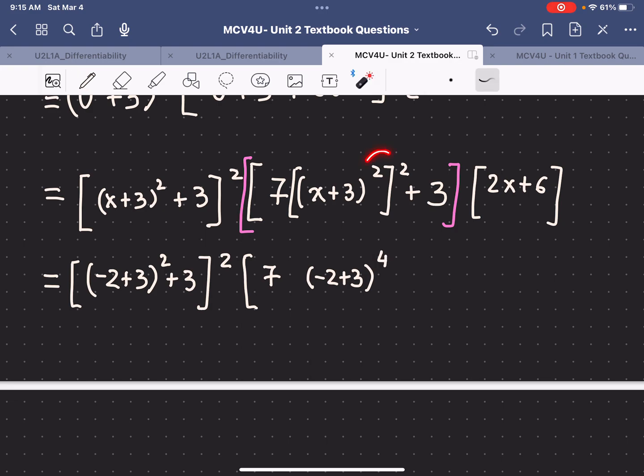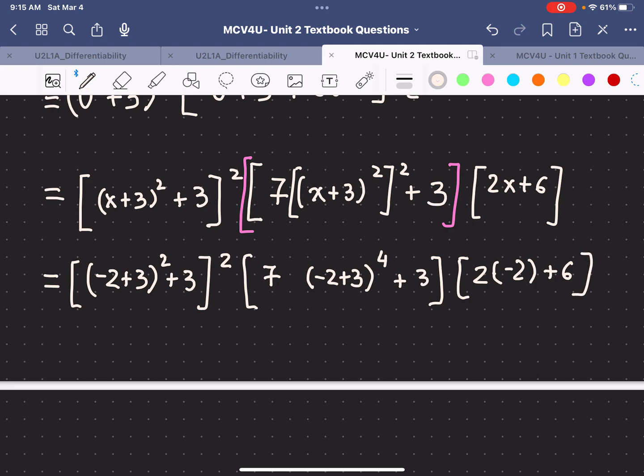So we're combining the powers in the meantime and substituting x by negative 2, and then plus 3. And then down here we have 2 times negative 2, and then plus 6. All right, so let's see all the x values that we have substituted.